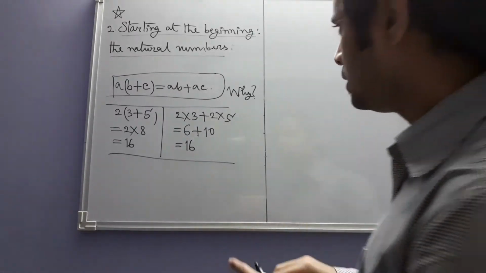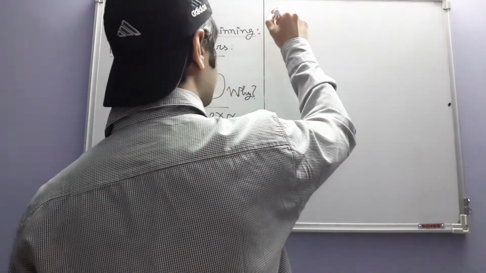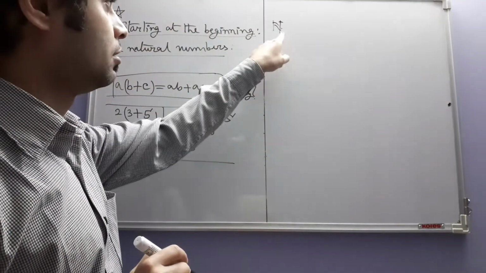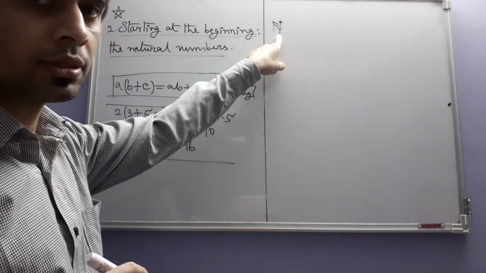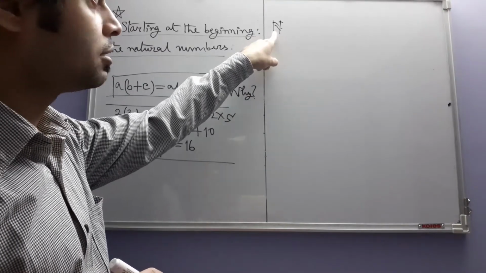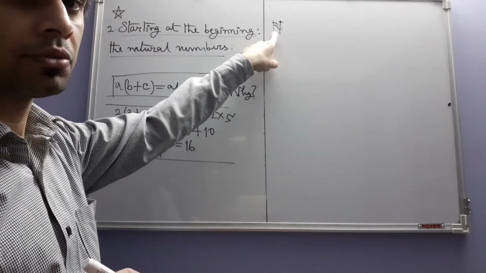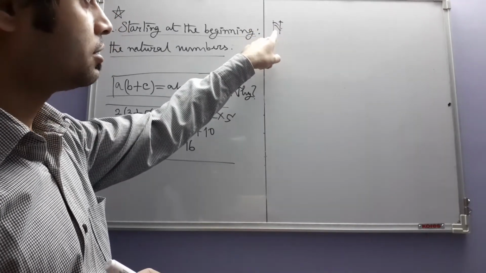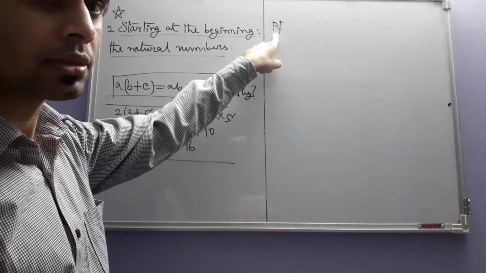Now, once we construct the system of natural numbers, you already know from our discussion on naive set theory that by this symbol we mean the set of natural numbers, but here along with the set, by this symbol I mean the system of natural numbers.